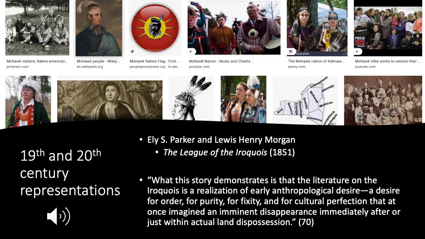So going back to Lewis Henry Morgan, he's a really interesting case study here. Because the thing is, Morgan was an advocate. He did a lot of advocacy work on behalf of the Haudenosaunee Confederacy. And in this context, one of the things he believed was that members of the Haudenosaunee Confederacy should be granted citizenship within the United States.